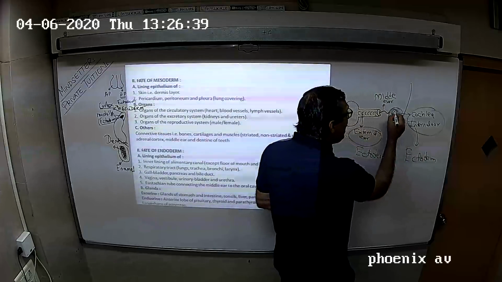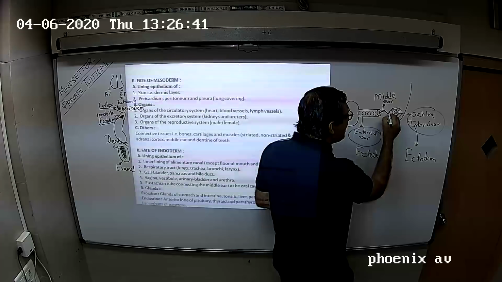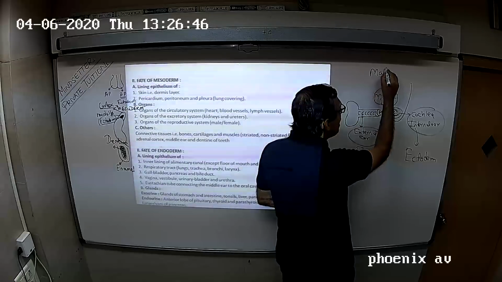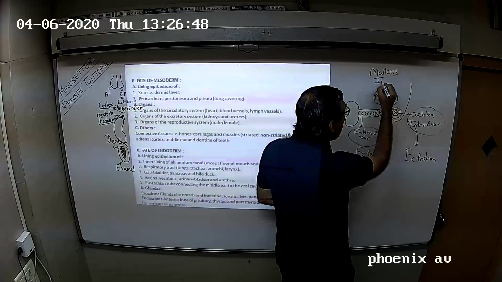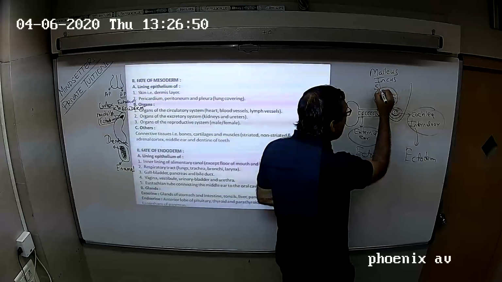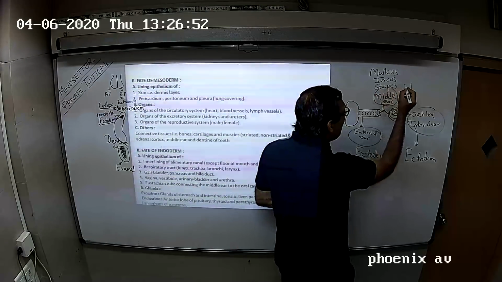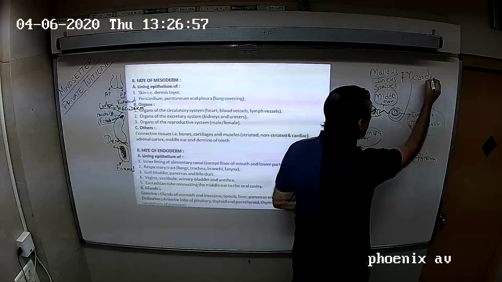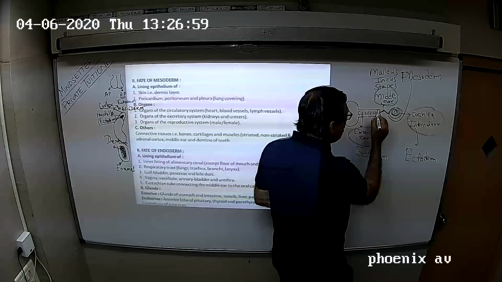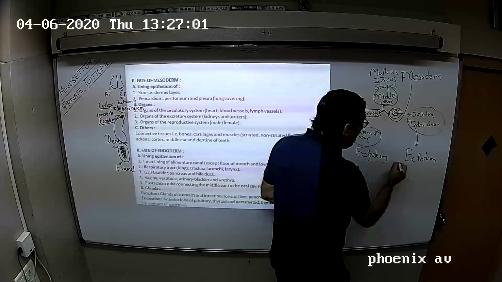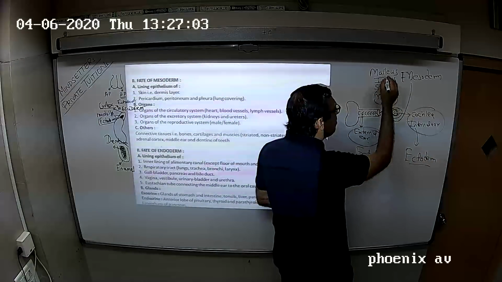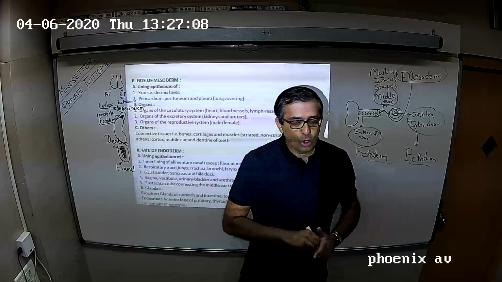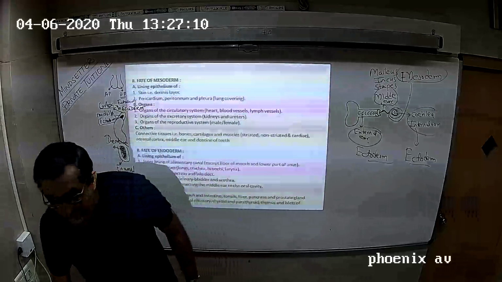But the middle ear, which is made of the three bones malleus, incus and stapes, develops from the mesoderm. So where do the external ear and internal ear develop from? The ectoderm. Where does the middle ear, the malleus, incus and stapes bones, develop from? The mesoderm. So these are the organs of mesoderm.